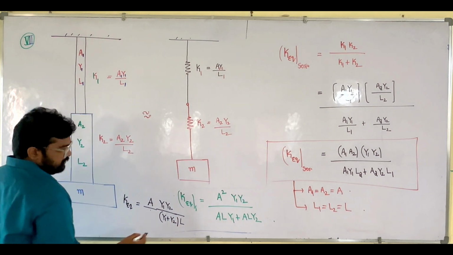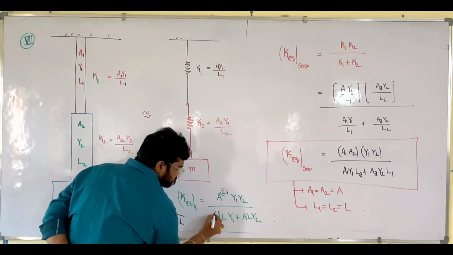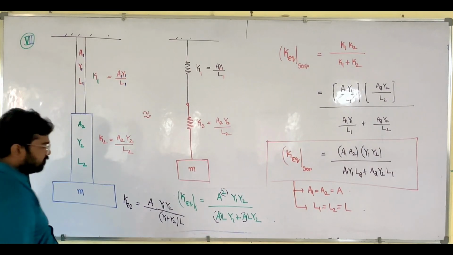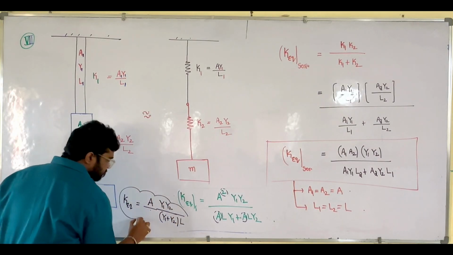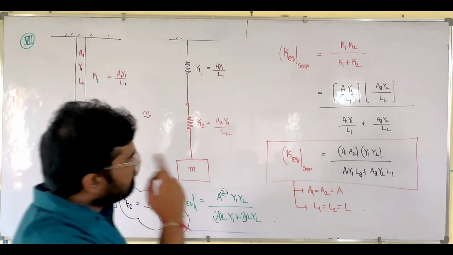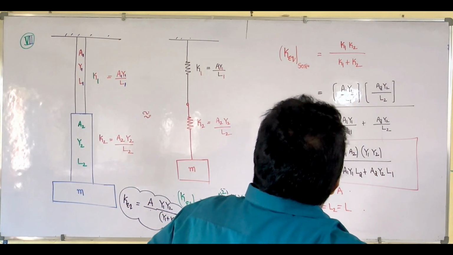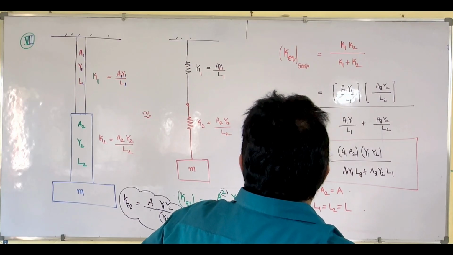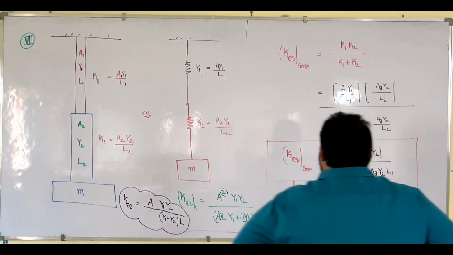Clear? A gets cancelled out. The square and A gets cancelled out. Y1 plus Y2, S will come here. A into Y1 Y2 by Y1 plus Y2 into L. L1 L2, A1 equal to A2.